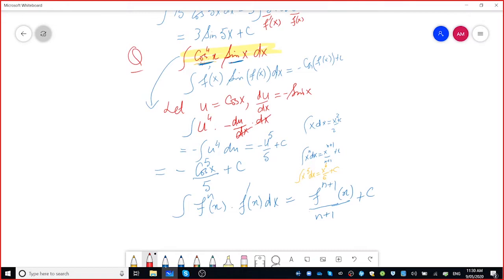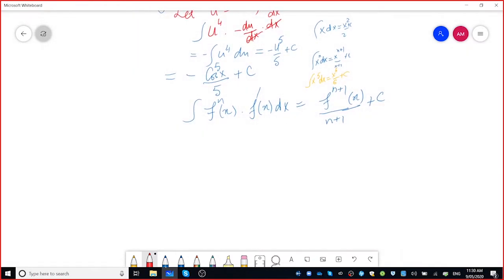Yeah, certainly. Let me give you another question which is a little trickier than that. So let's do another question. The question says: 3 sine cubed 4x, so I put it in a bracket, and then there is a cos 4x dx.